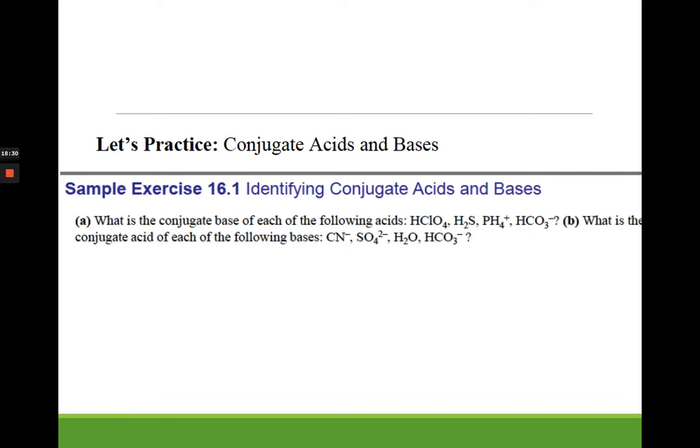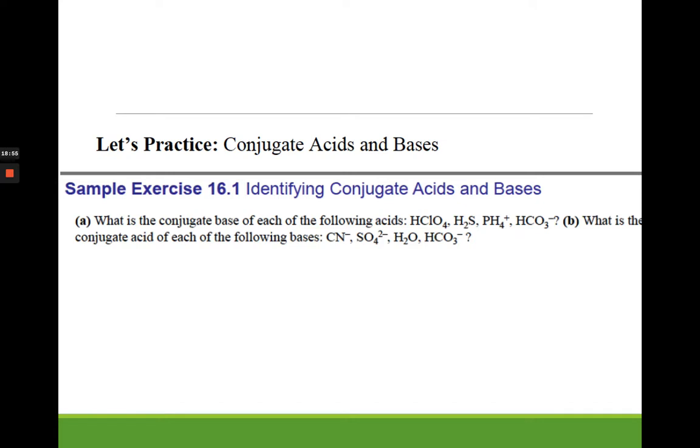So, one important skill that we must practice in chemistry is to really identify the chemical species that we have. In your module, you have there a "Let's Practice" portion, wherein you are asked what the conjugate base is for the given acids and what the conjugate acid is for the given bases.